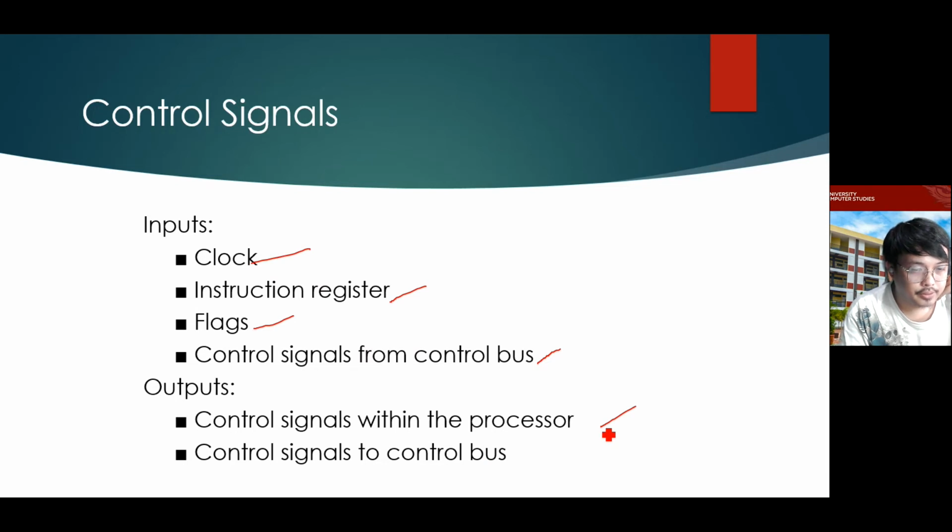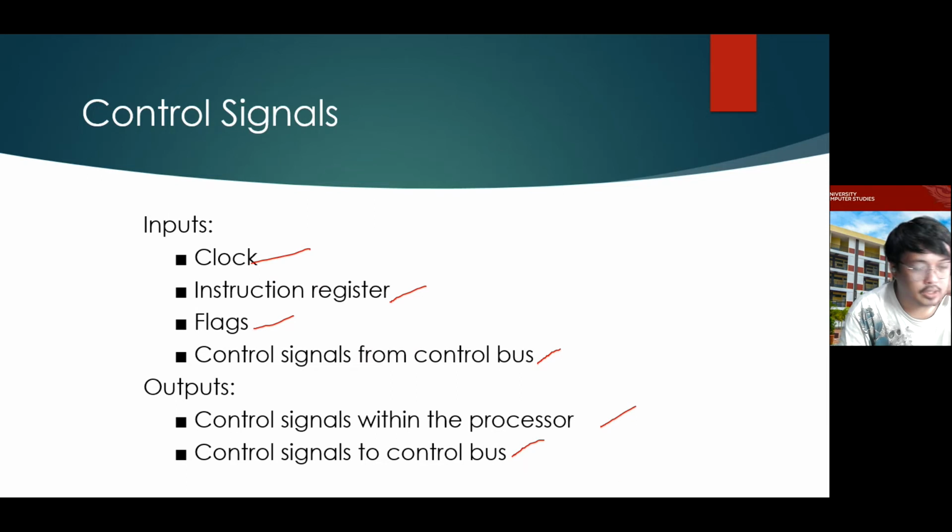There are two types of control signal. Those that cause data to move from one register to another, and the other type is the one that activates specific ALU functions, the arithmetic logic unit functions.